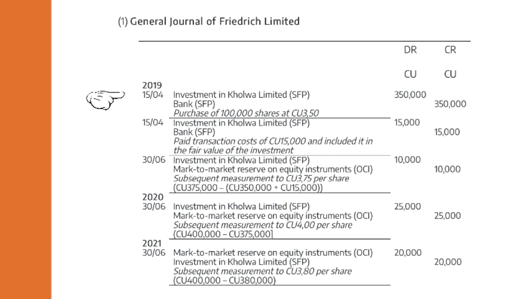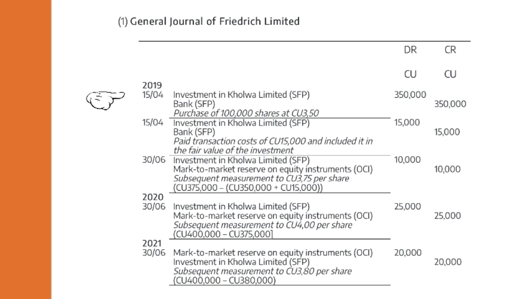The question is, what happens to the transaction costs that you paid on day one, on initial recognition? Do they form part of your financial asset, or will they be an expense that you take straight through to profit or loss? To decide whether it's capitalized or expensed, you need to know your rules of financial instruments.